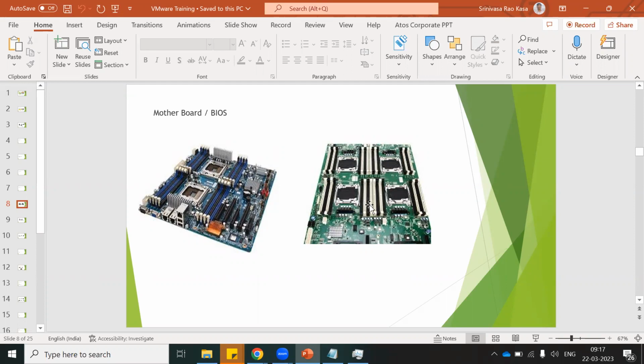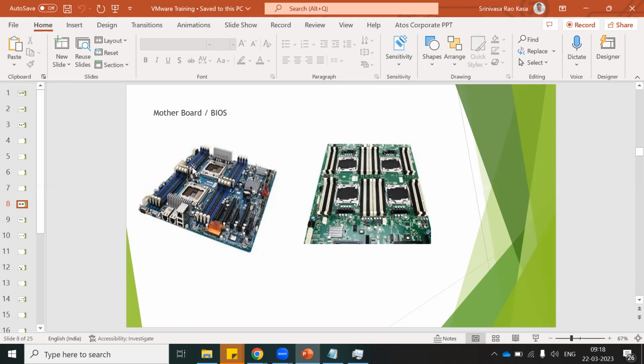And at the same time, how many slots are available to install the memory? If you see this particular motherboard, each slot is designed in such a way that it can support a certain capacity. So based on that capacity, the server price is going to increase, because as we are working on the virtualization layer, we are not talking about a single server.